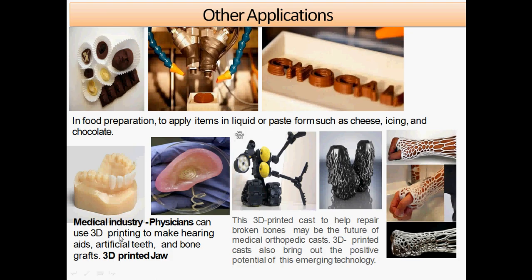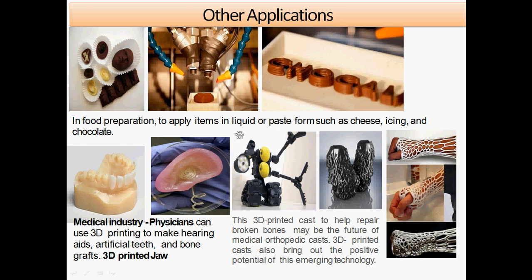Then next is the medical industry. 3D printing is used to make hearing aids, artificial teeth, and bone grafts. Here are glimpses of 3D printed jaws, which are also present nowadays. This is a hearing aid that can be used by human beings, formed by 3D printing.